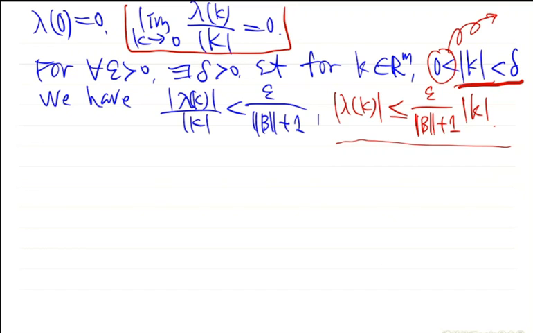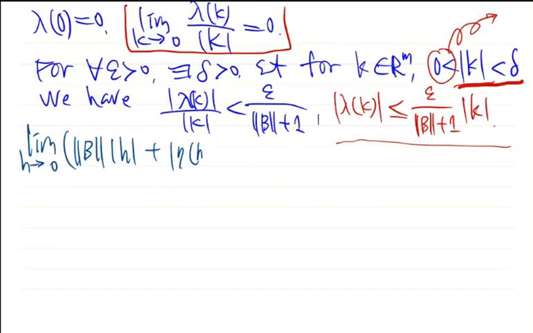The second point, we note that the limit as h goes to 0 of the norm of B multiplied by the norm of h plus the norm of eta h. Of course, this is 0 because eta h goes to 0.